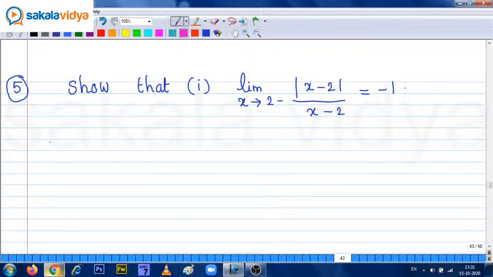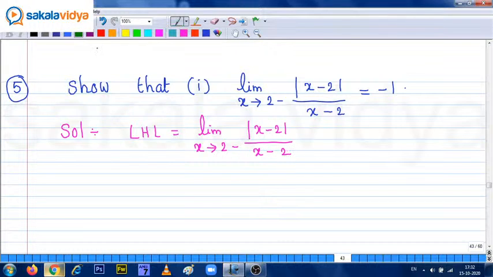Okay, now the solution. This is the left hand limit you need to find out, LHL only. That is limit x tends to 2 minus of modulus of (x minus 2) by (x minus 2).